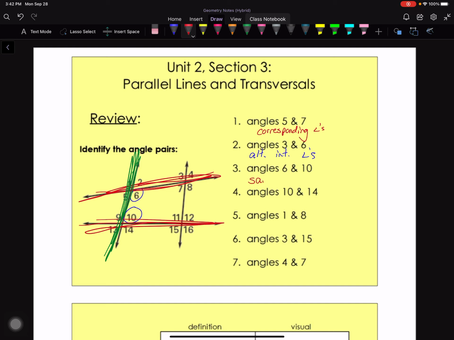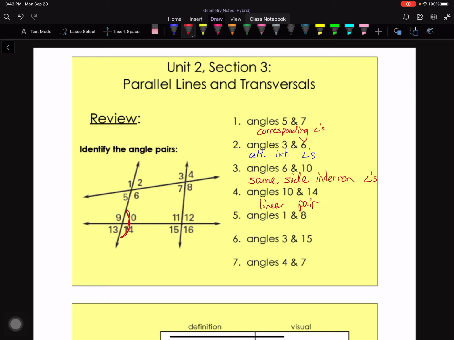So we have same side interior angles. 10 and 14, I'll erase this quick, together they form a straight line, so we call those a linear pair.